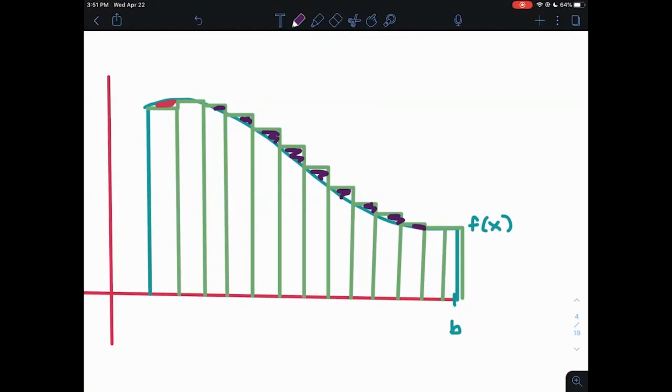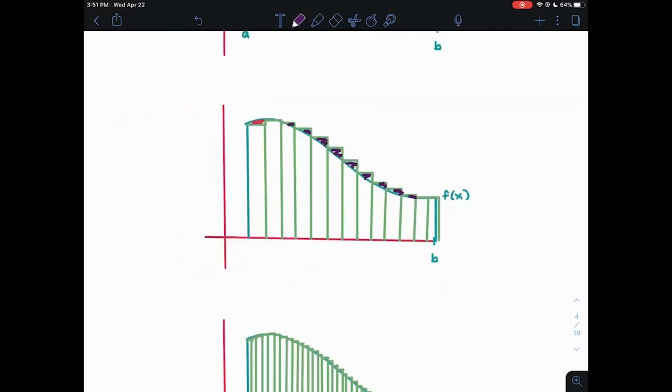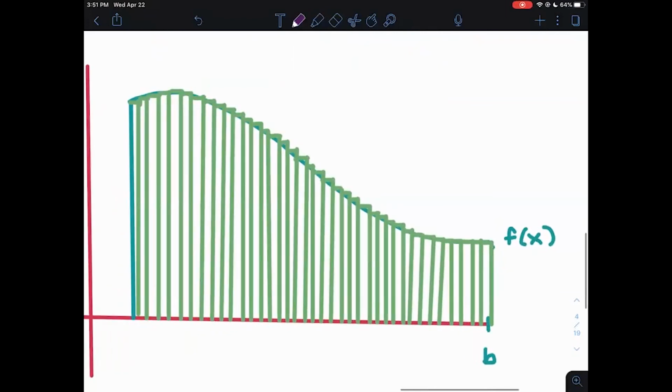And as we use as many rectangles as I can possibly physically draw in this same function, we almost don't see any error at all. I can't even make little purple squiggles here because I don't have enough space to put a pen marking in my error. We're almost eliminating this error by using more and more rectangles.